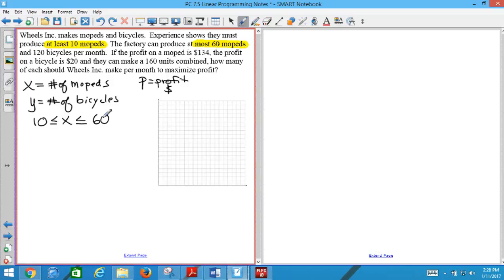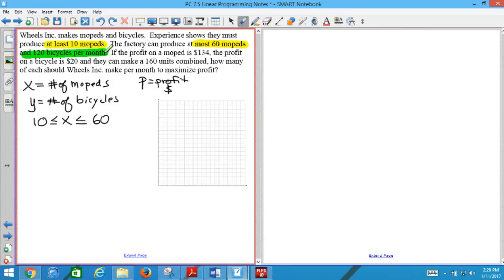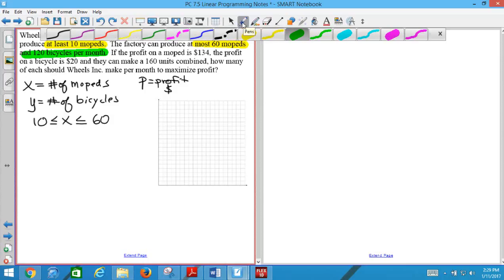Are there any constraints about the number of bicycles by themselves? No. Yes. 120 bicycles. You're right. At most, 120 bicycles. That's all they could make of the bicycles per month. Maybe their machines can't go faster, and that's the most they can make.